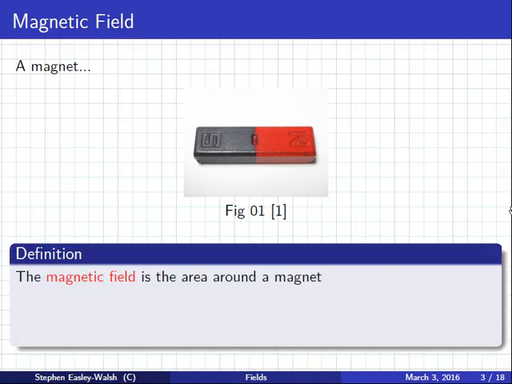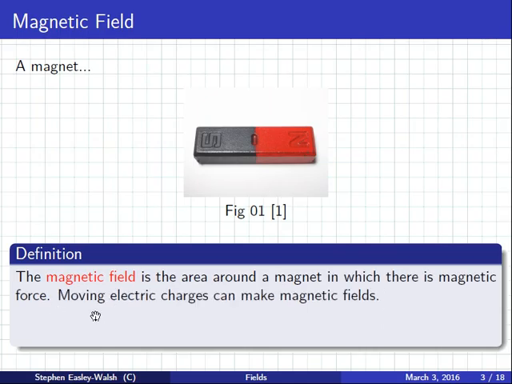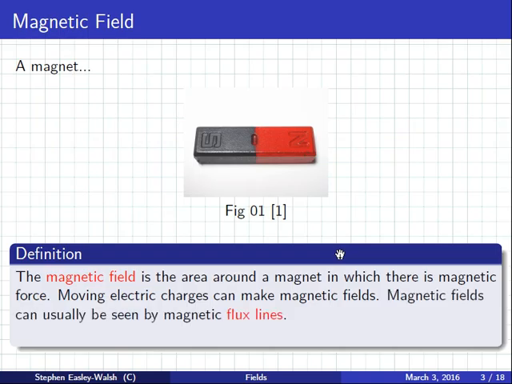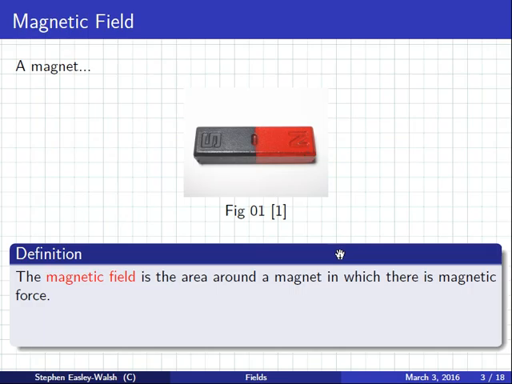So a magnetic field is the area around the magnet in which there's a magnetic force. A moving electric charge can make a magnetic field. So we'll do this bit by bit. First, just get this bit.